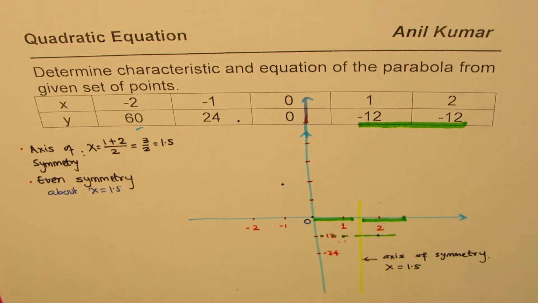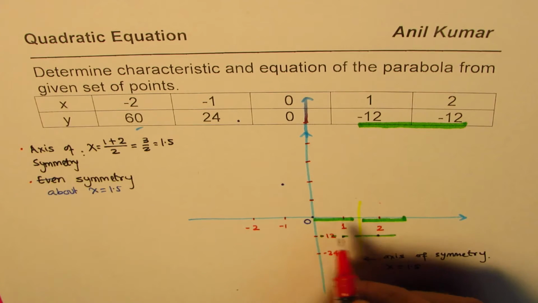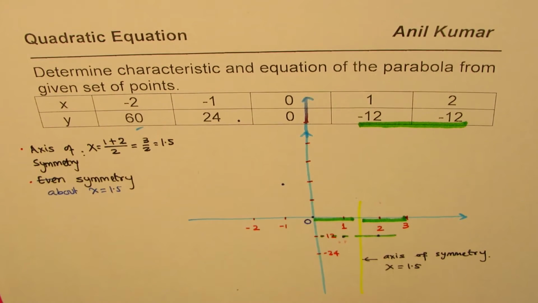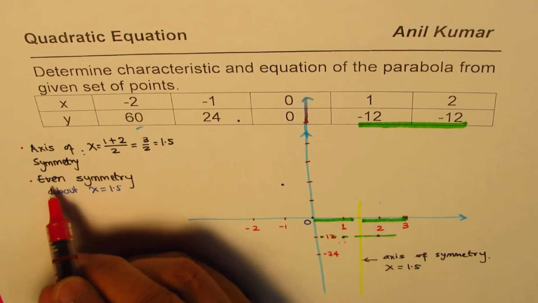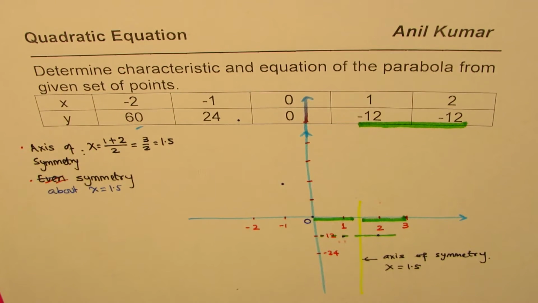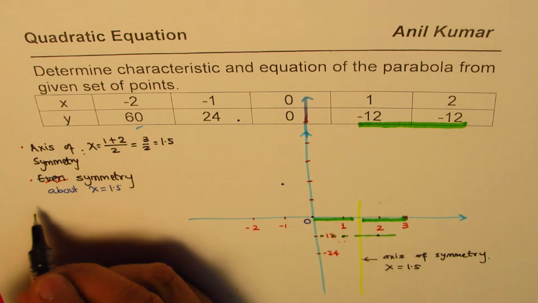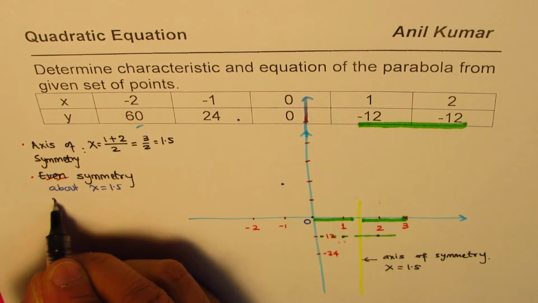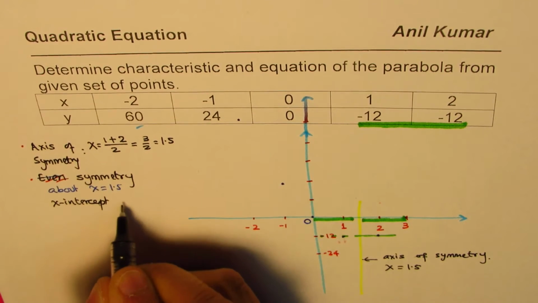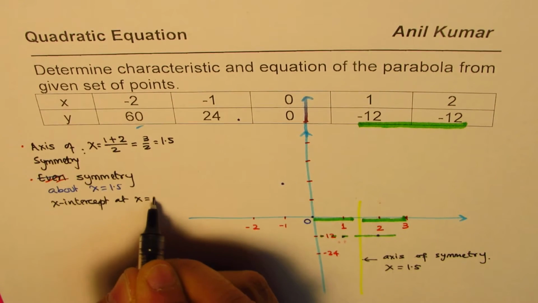So we expect the other x-intercept to be at 3. Do you see that? So from the symmetry about the axis of symmetry, we can find the second x-intercept. So we have another x-intercept at x equals 3.